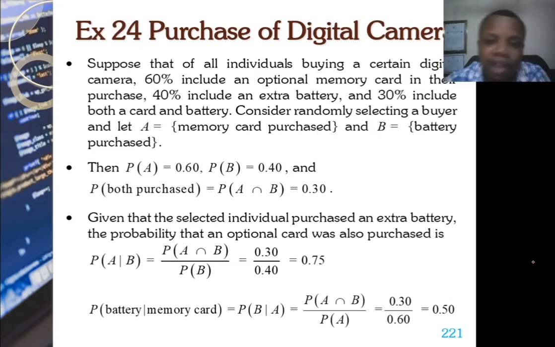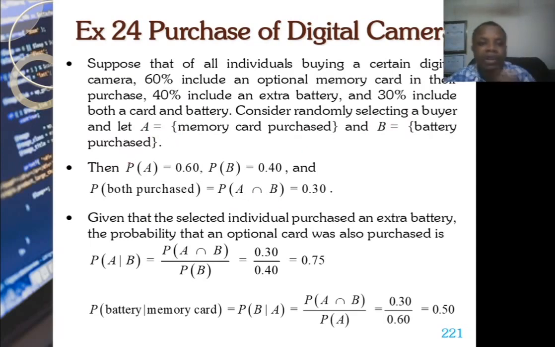Now consider randomly selecting a buyer, and let event A equal those having a memory card, and B those purchasing batteries, and definitely their intersection between A and B is what we have here.